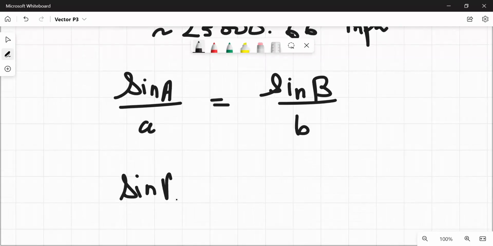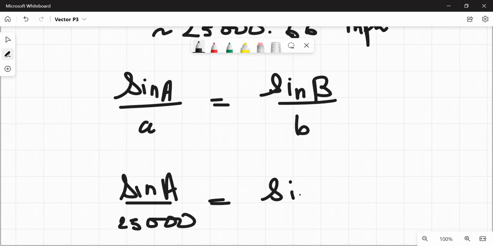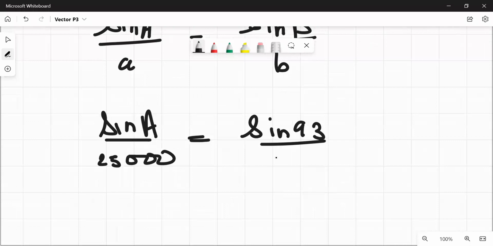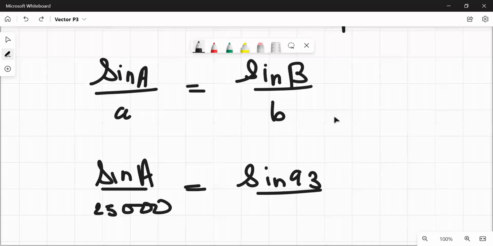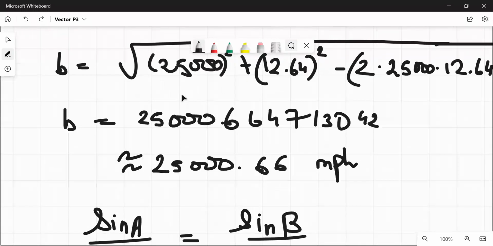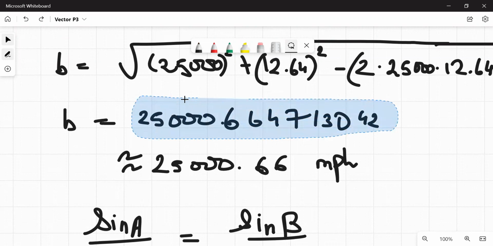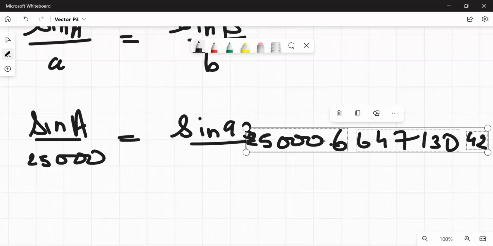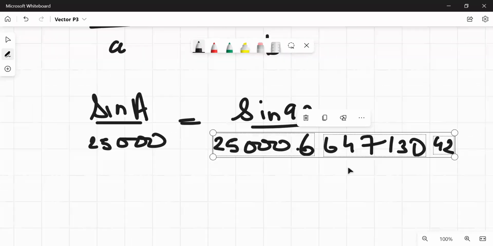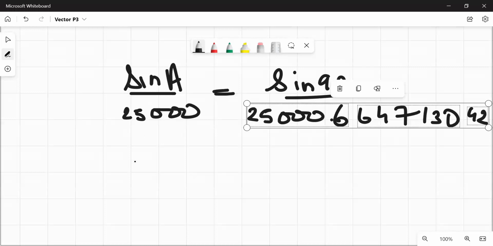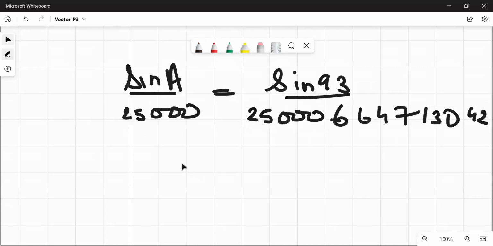Sine of A over 25,000 equals sine of 93 over, oops, it was supposed to be this, so I'll just copy paste it. Best thing ever you can do, copy paste. Of course, not in exams, but it's good right here.